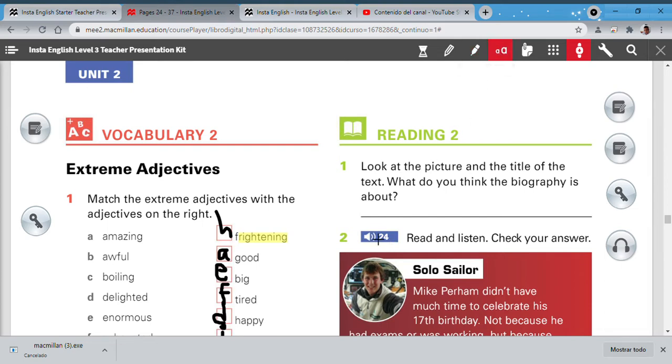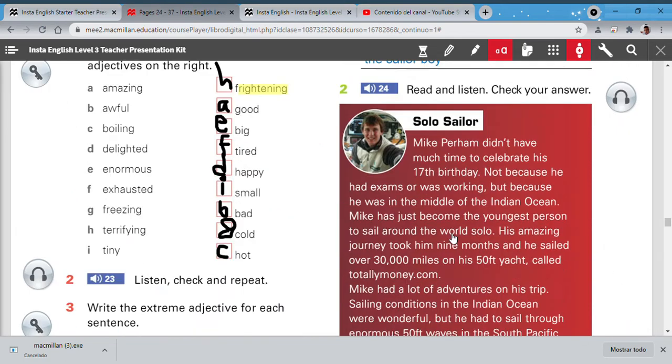What is a sailor? Sailor is like marinero. Okay, it could be a sailor boy. Yeah, that's good. It's a possibility. So here we have the activity. We're going to listen to the activity.